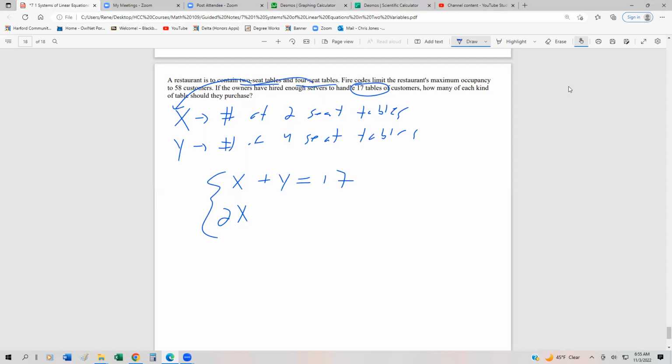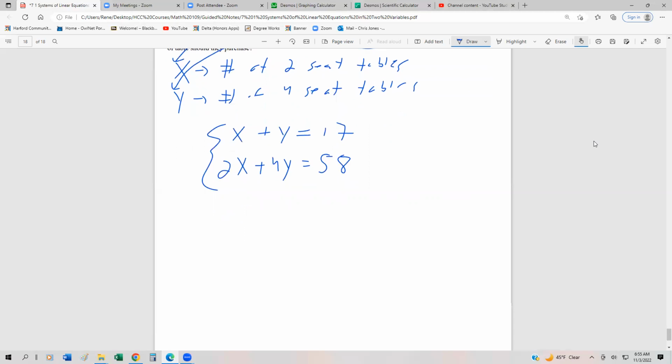There's going to be 4 customers at each of the 4-seat tables. And the maximum occupancy is 58. So that's our system.